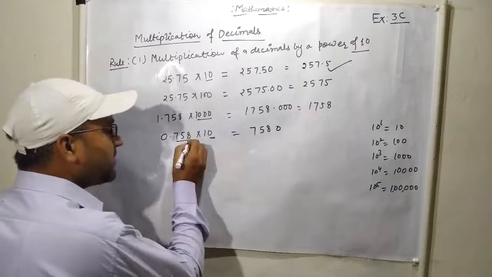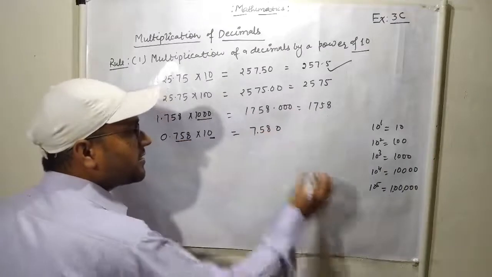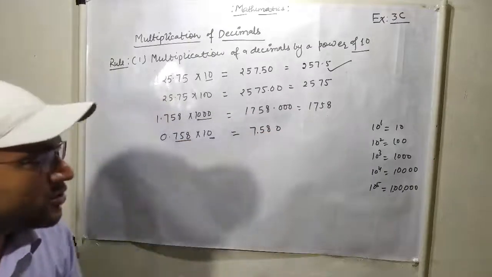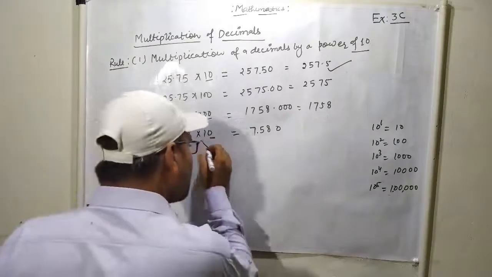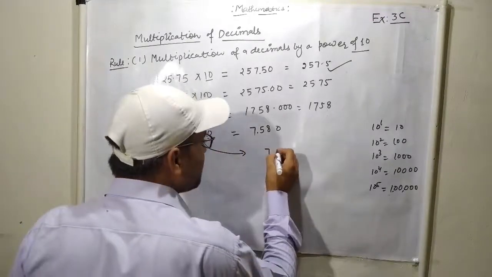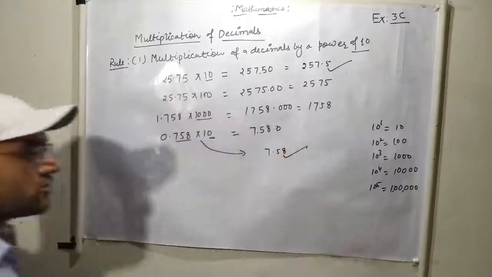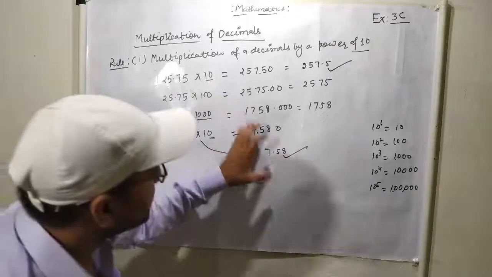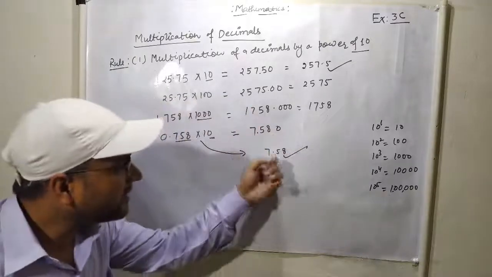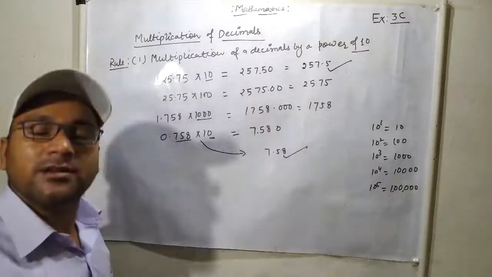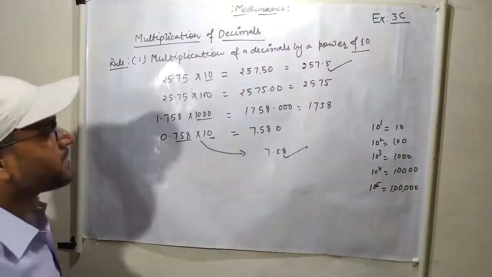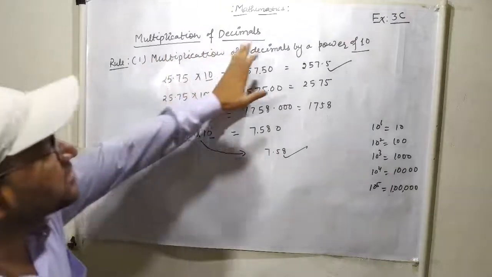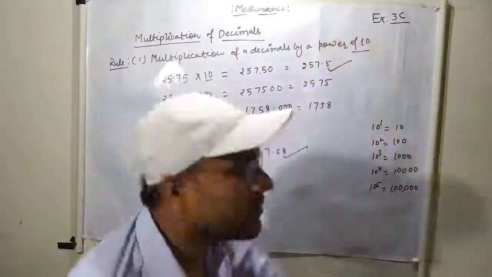There are 3 decimal places, so count 3 numbers and put the decimal point. Your answer is 7.580, or without the extra 0, 7.58. This is also correct. The only difference is that if you keep the 0, it is like decimals, otherwise unlike. So this is the multiplication of a decimal by a power of 10.